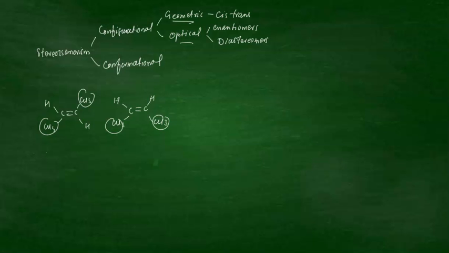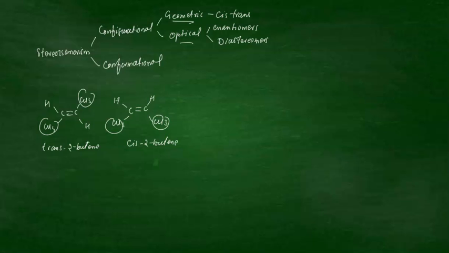The first example is trans-2-butene, and this is known as cis-2-butene. When the two bulky groups on the carbons of the double bond are on the same side, such an isomer is known as cis, and when they are on the opposite side, such an isomer is known as trans.